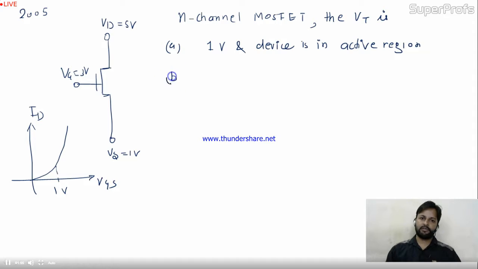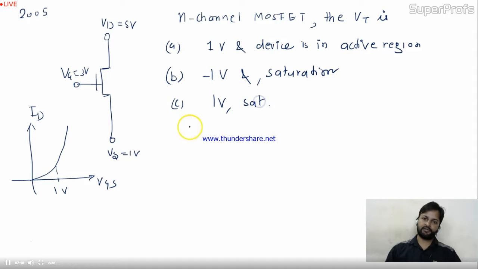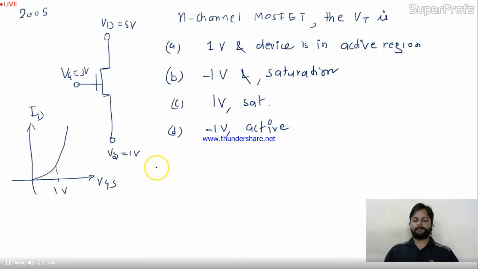Option B is -1 volt and saturation region. Option C, 1 volt and saturation, and option D is -1 volt and active region.